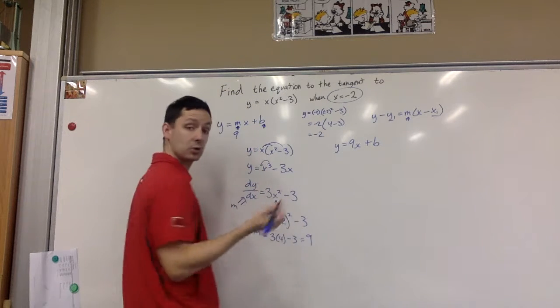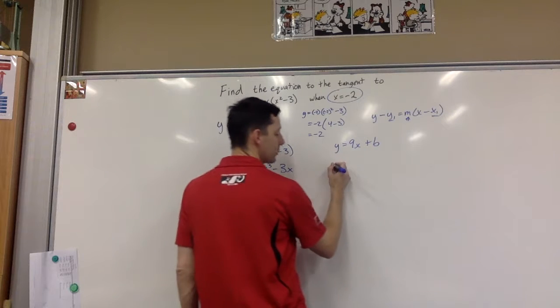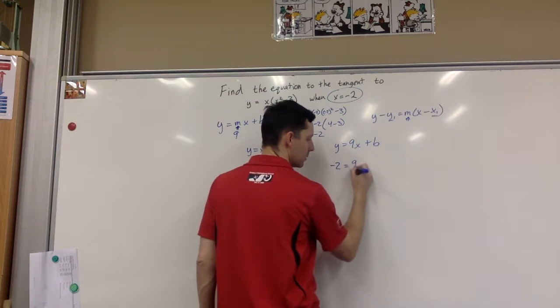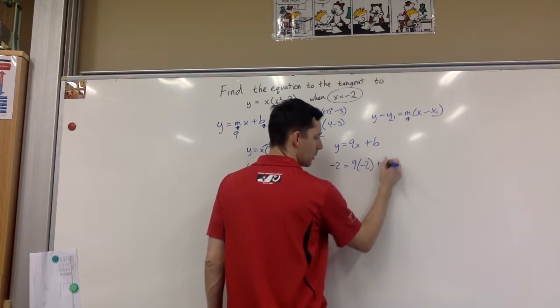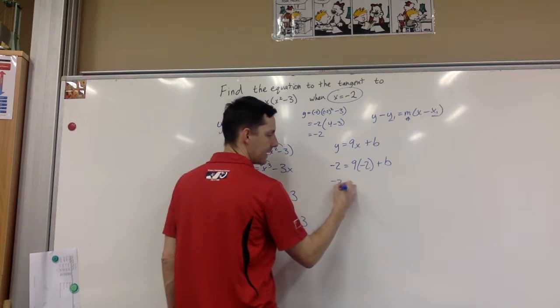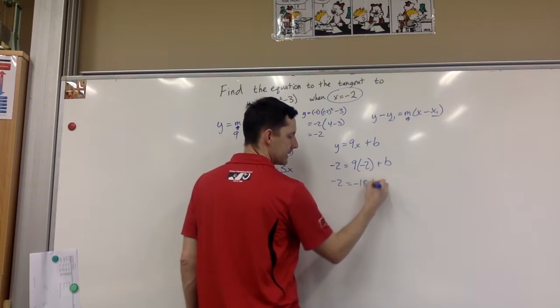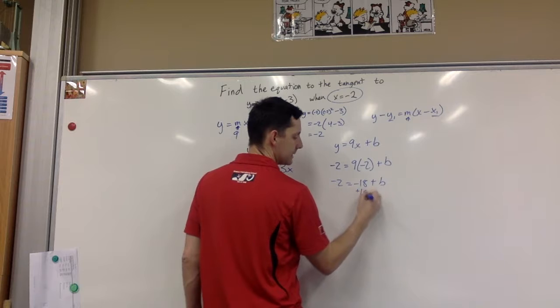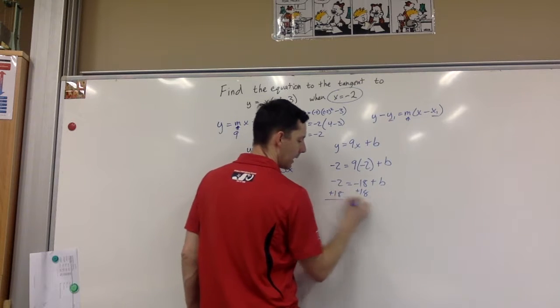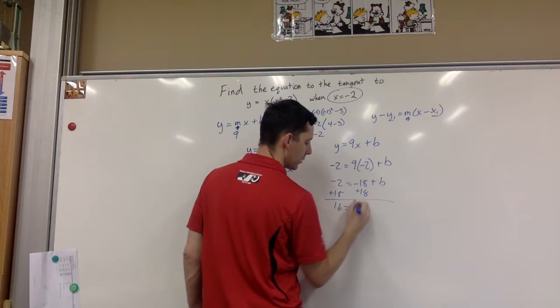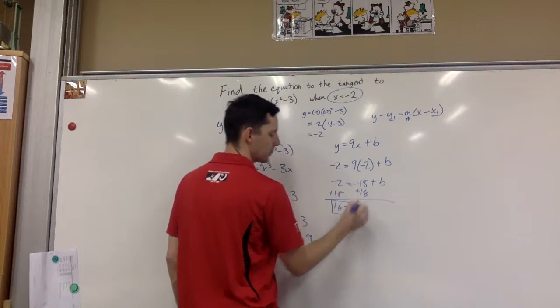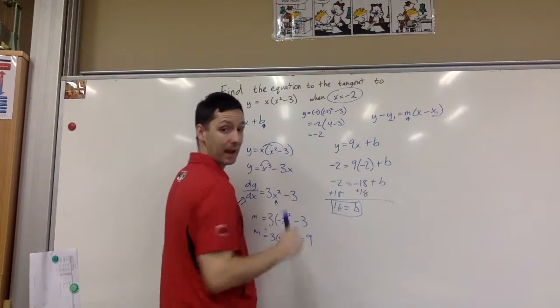So when x is negative 2, y is negative 2. I should be able to put those two values in, and then I work it out. Negative 2 equals negative 18 plus b. Add the 18 to both sides, and I get 16 equals b. So there's my b.